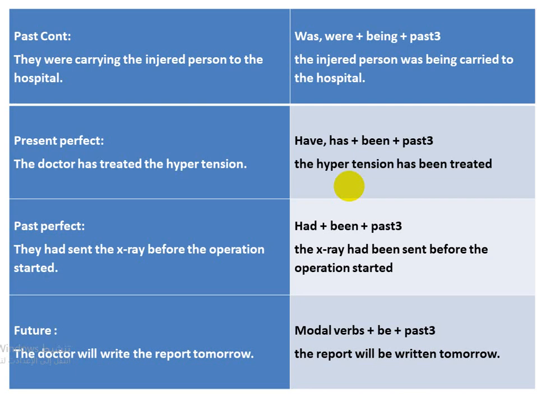Now look at future. Future, we know that we discriminate this tense. What does tense mean? For example, will. That's in the future. Okay, look at the example.